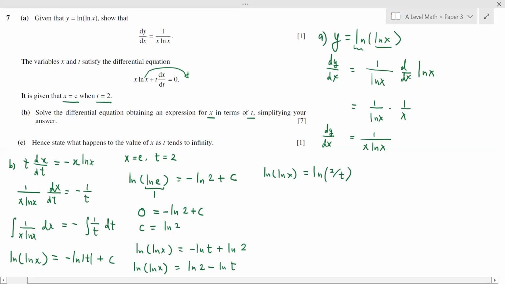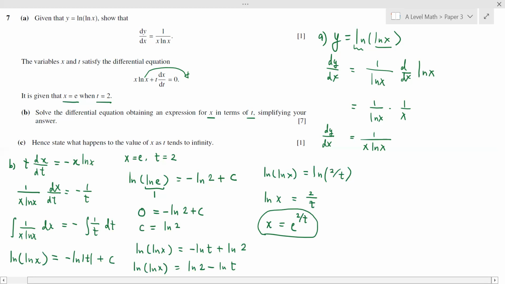Taking anti-log on both sides, we have ln x equals 2 over t. And taking anti-log again on both sides, x is e to the 2 over t. So that would be the solution for part B.